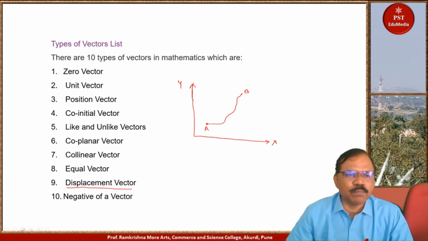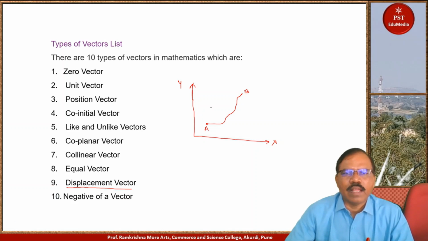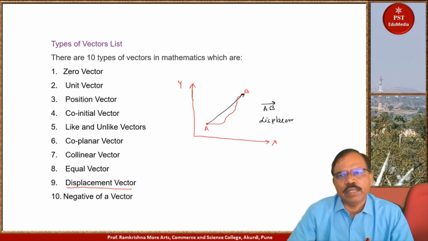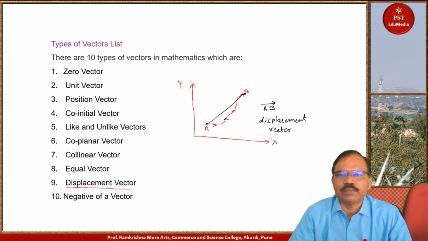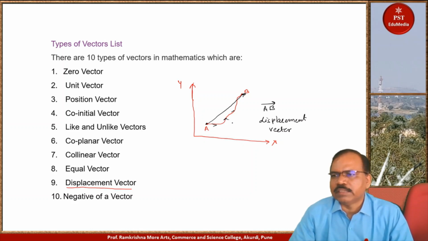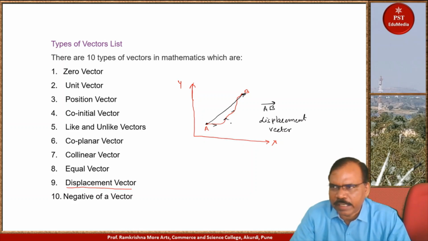So displacement is from A to B, and that is along AB. So this AB represents the displacement vector. Actually the body is going along this path, but we consider here initial and final positions and a straight line AB. So direction is from A to B, and this vector is called the displacement vector.